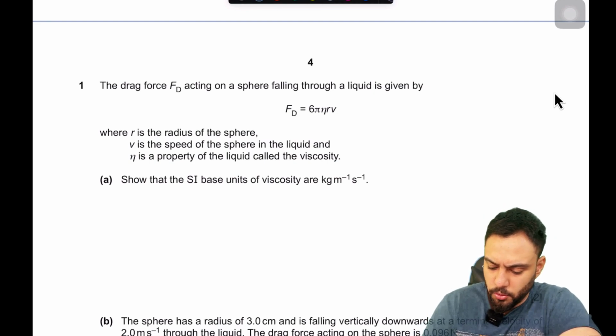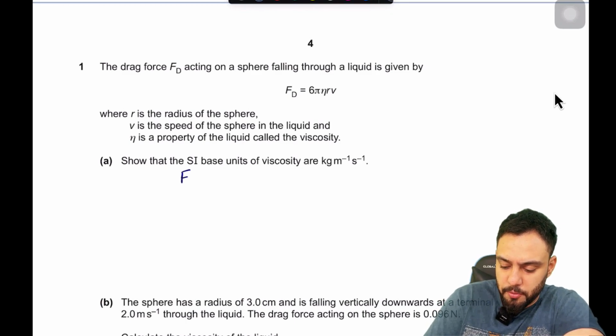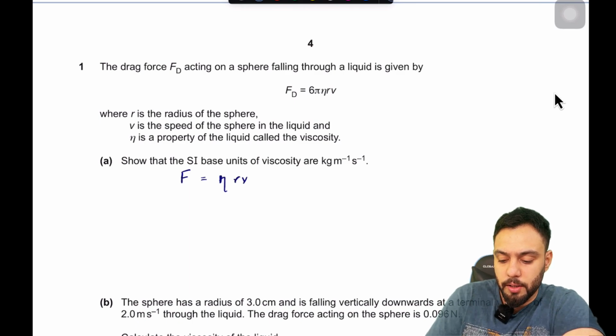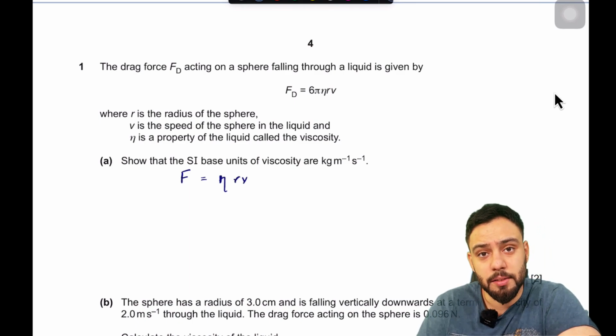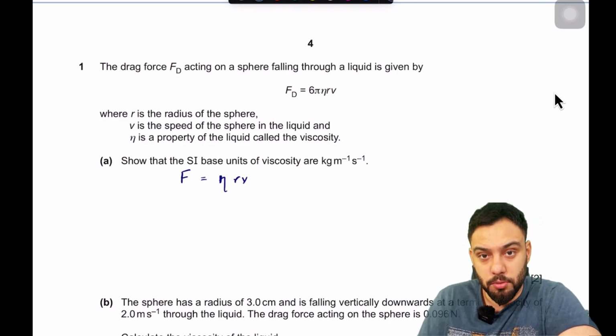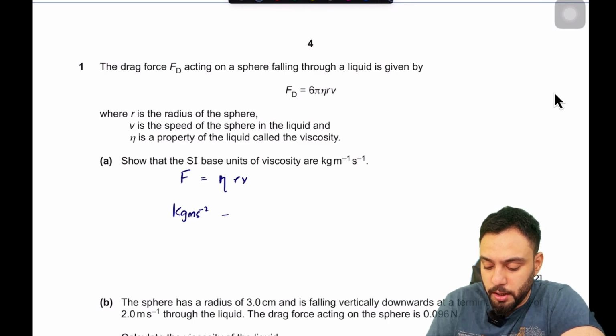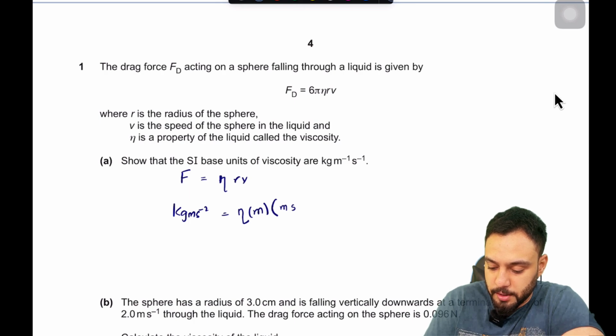Okay, so let's write the equation down. Force equals eta r v. I haven't written 6 pi because they are dimensionless quantities. They do not have any units, so there is no need to write them down. Force is kg m s^-2 equals, I need to find the units for this one. R being the radius is in meters, and speed is in meters per second.